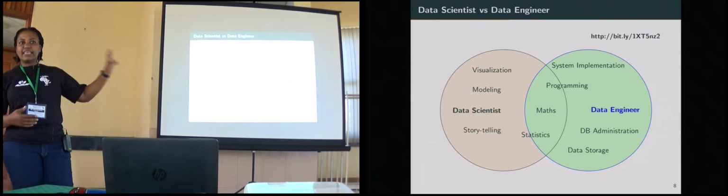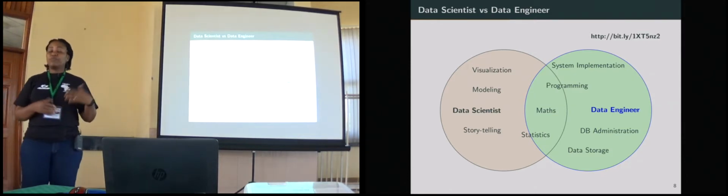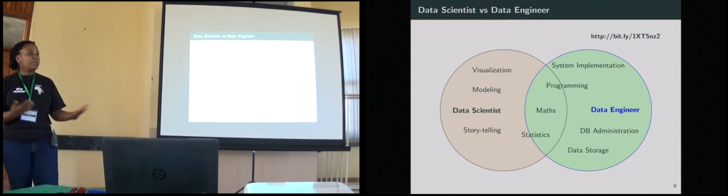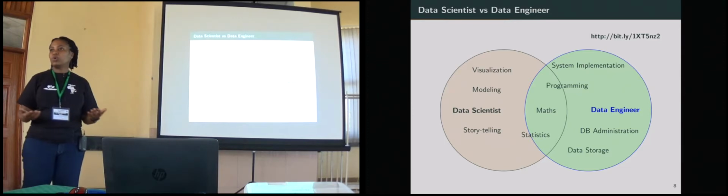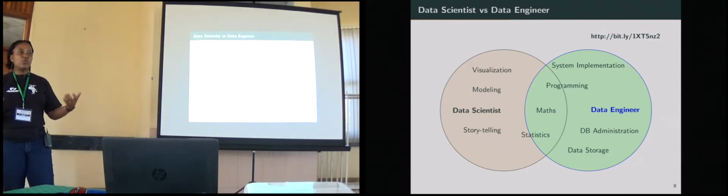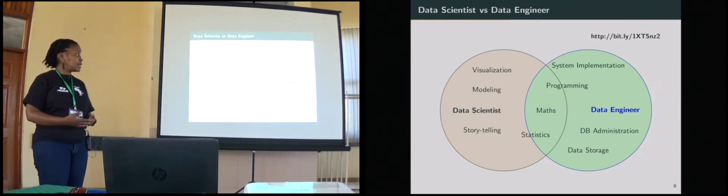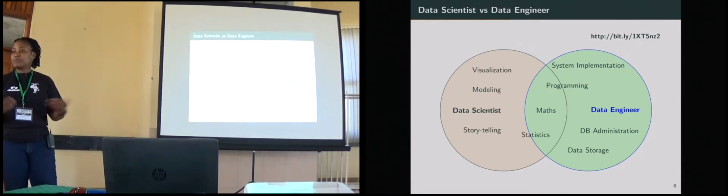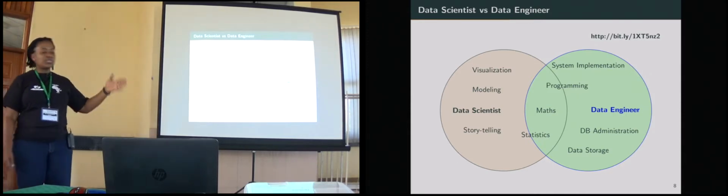But the data engineering part deals with the actual implementation of the technology, whether it can be deployed and scaled so that a large number of people can access it at the same time.